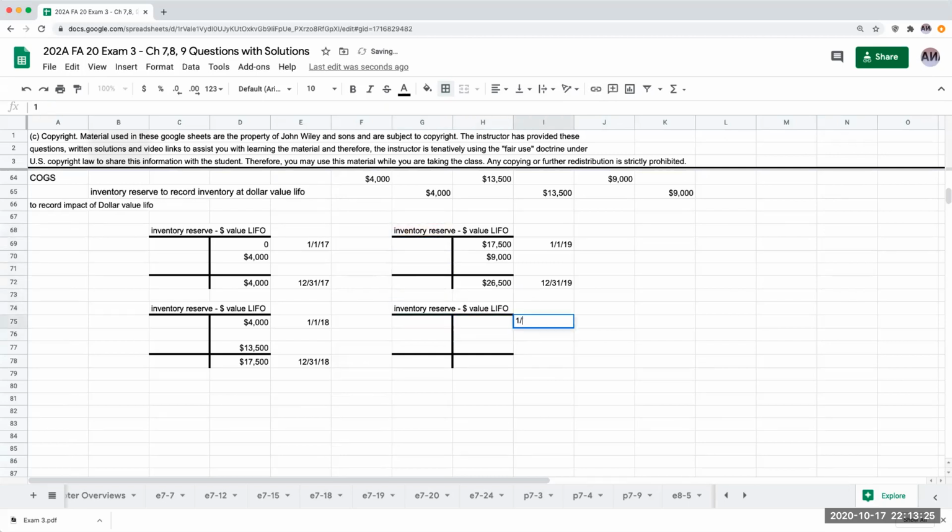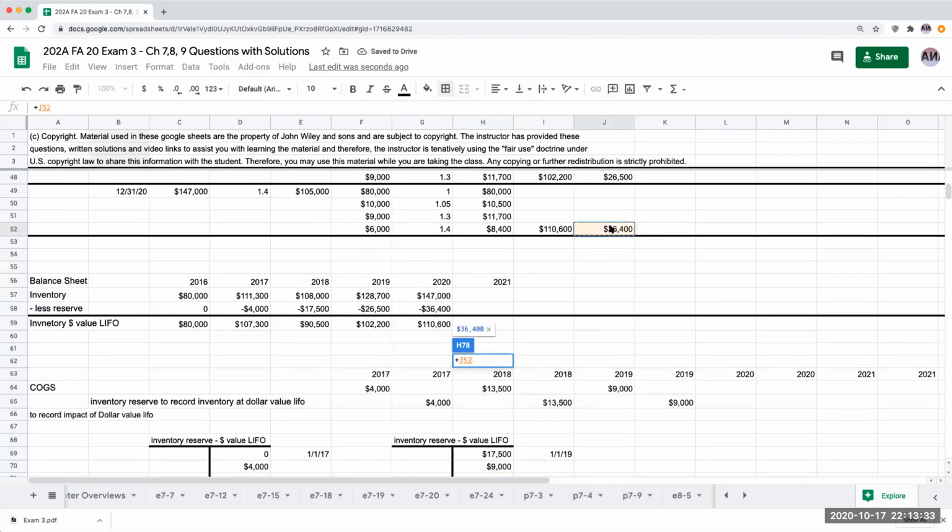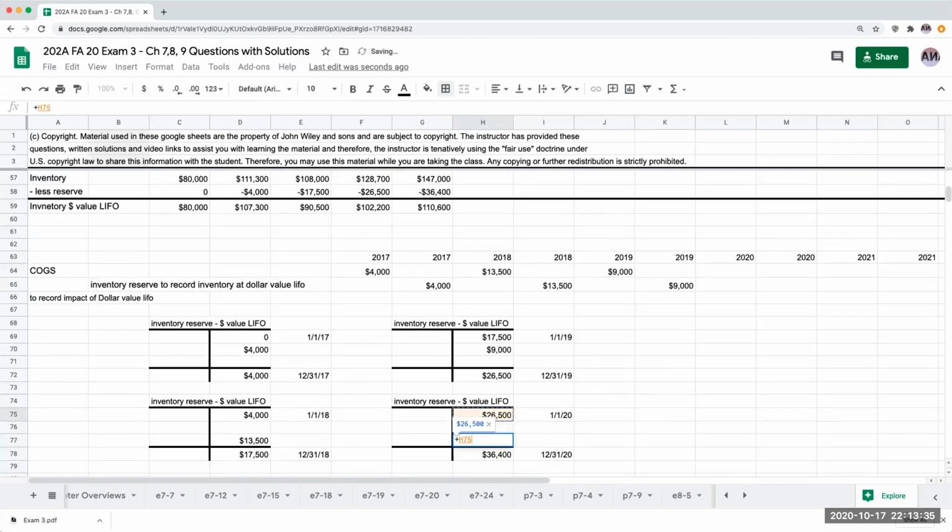The balance at 1/1/20 was 26.5. The balance at 12/31/20 was 36,400. My difference here is going to be 9,900. So this is going to be my adjustment for 2020.